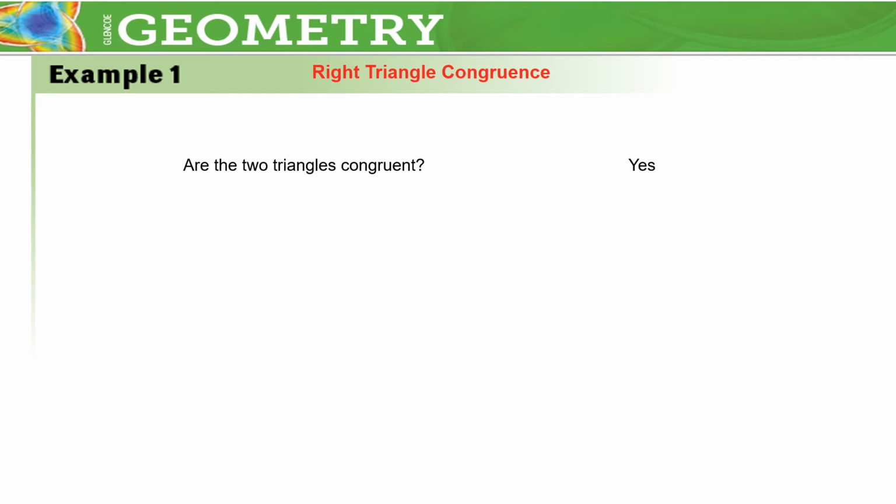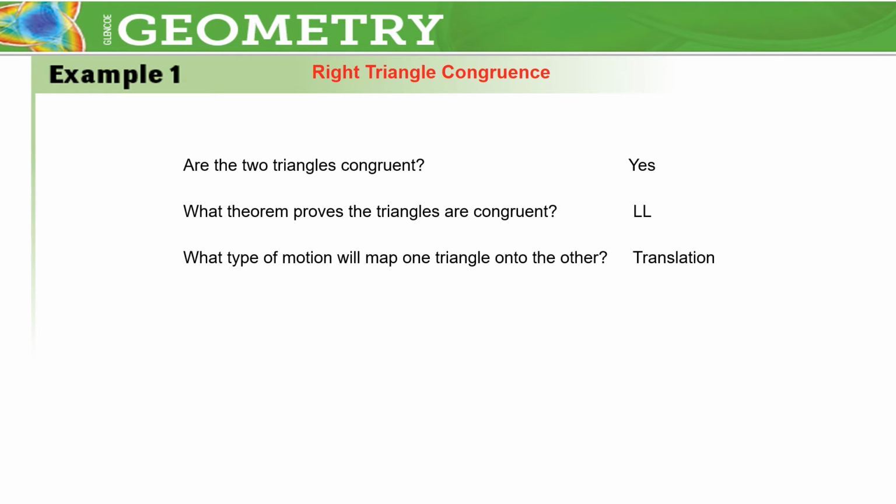Then, yes, 2 triangles are congruent by using LL. The transformation here is a translation and this is not important. You have to know only the very important thing to write your reason, which is LL. Yes, congruent, LL.